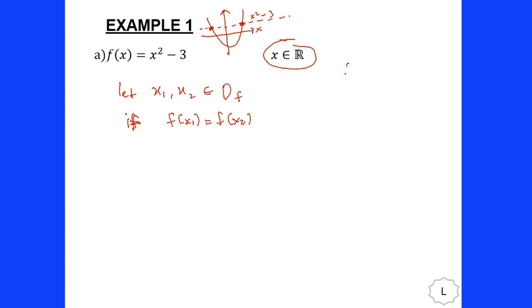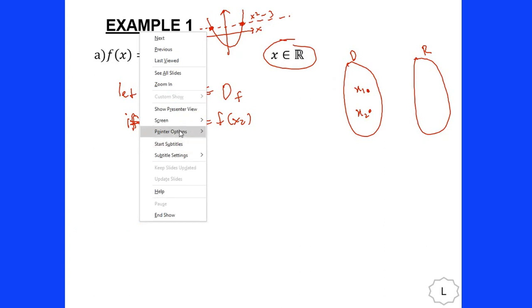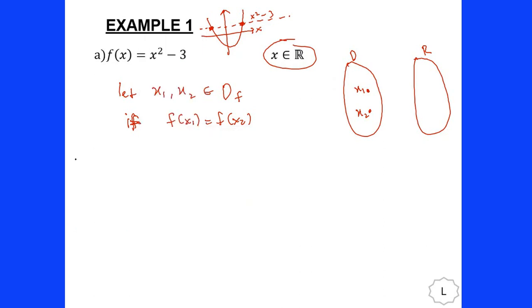Okay, an example is like this, a mapping. This is the domain, this is the range. x1 here, x2 here. And then x1 maps to f(x1), right? This is f(x), right? Okay, x2 certainly maps to f(x2).